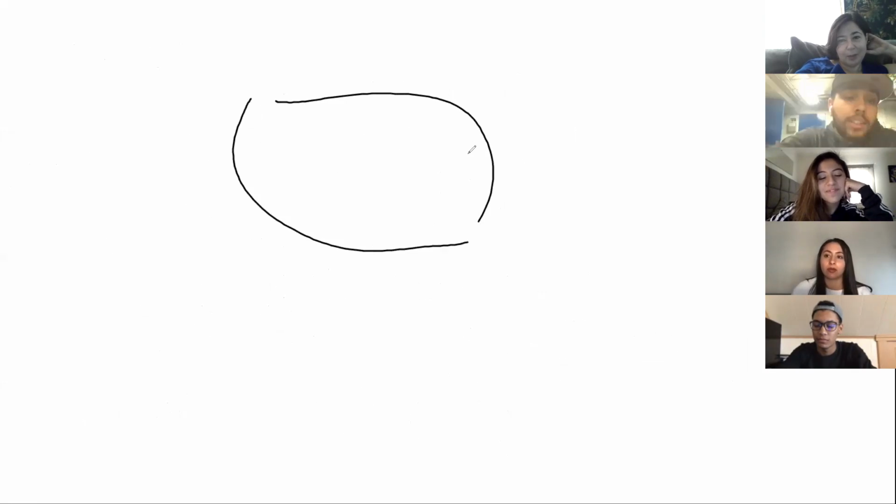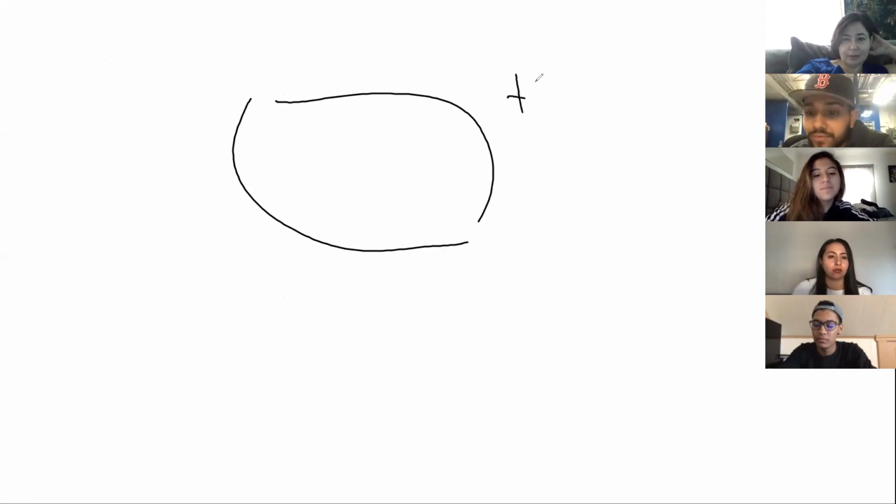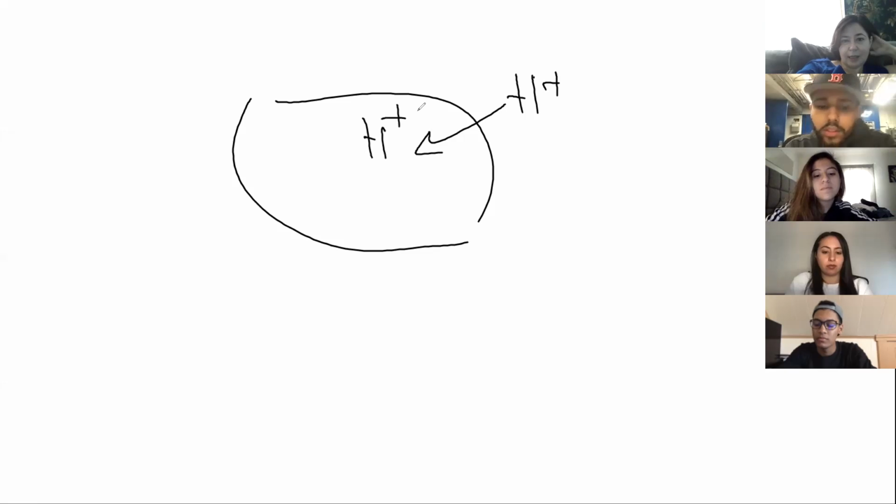Okay, secondary transport. Imagine you have one molecule that wants to move along its concentration gradient. Let's say this is a hydrogen ion. The hydrogen ion wants to enter the cell, and it can enter just by concentration gradient.